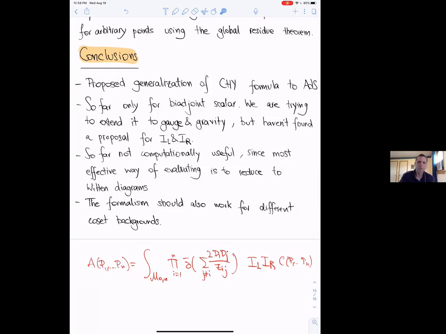I have a pretty general question. So there are various other formulas for calculating scattering amplitudes in clever ways that go by various acronyms. Do you know what the status of the landscape of scattering formulas in AdS is? Are there other ones that work very nicely, or no?